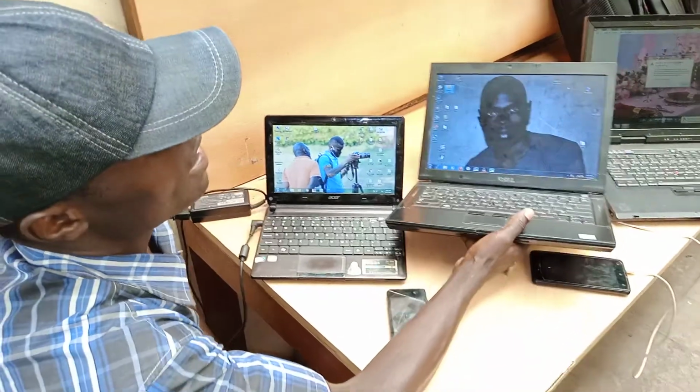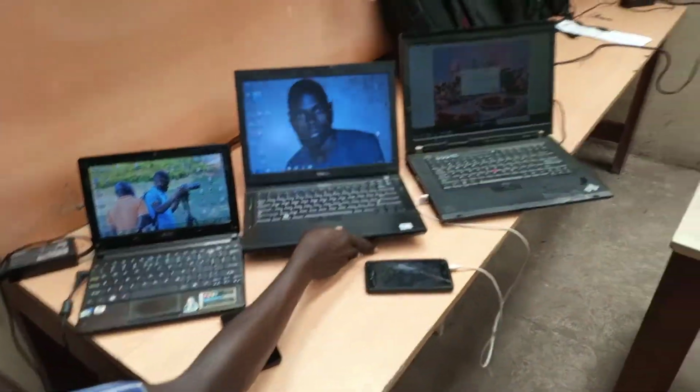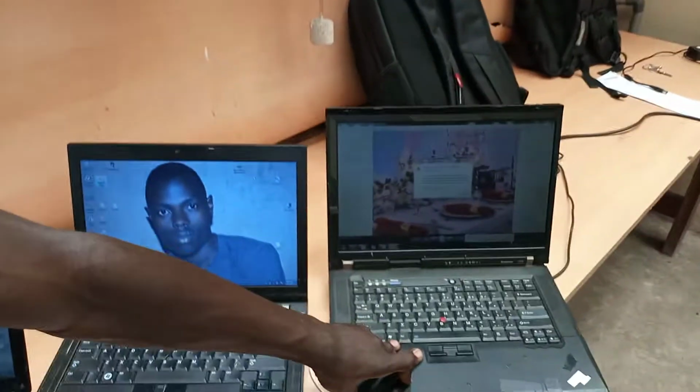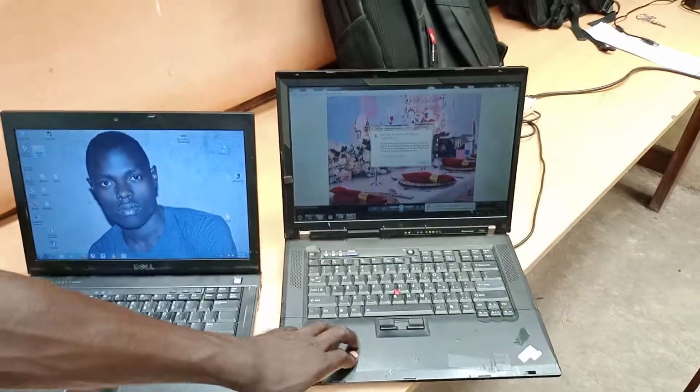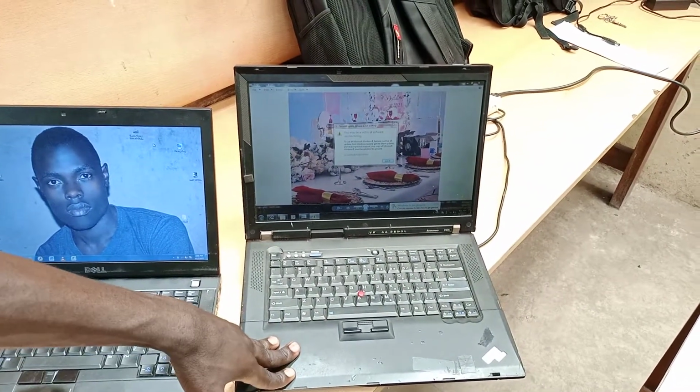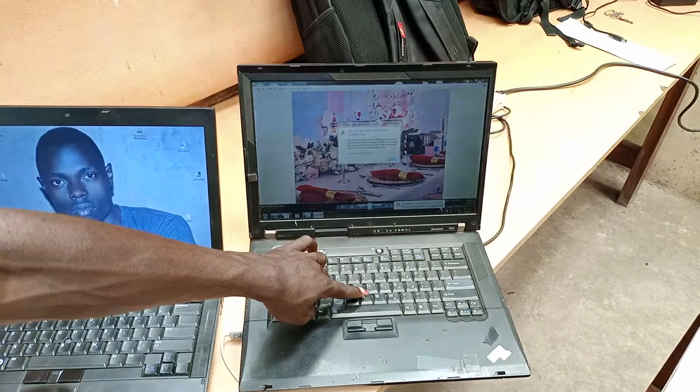Another type of computer that we have is what we call the ThinkPad. The ThinkPads are very old, and most of them tend to not have a touchpad. So these ones are very hard to operate because you have to use what we call a trackball.